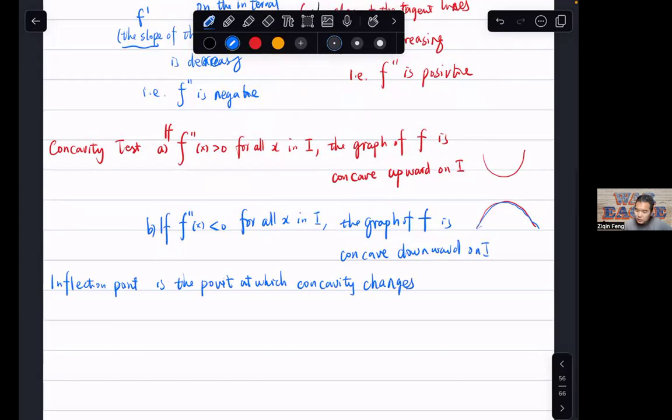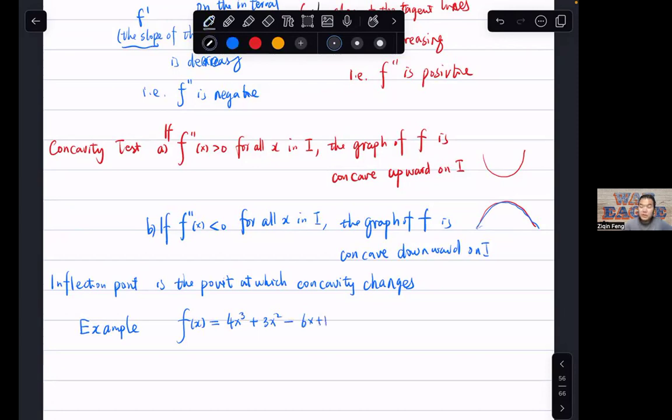So let's try to do an example. We finish our example from the increasing, decreasing part, right? We have a function f of x equal to 4x cubed plus 3x squared minus 6x plus 1.